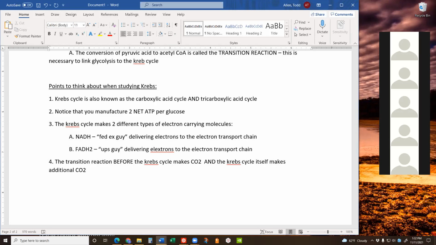Every cell of your body that's performing the chemistry of aerobic cellular respiration because you dared to eat a cheeseburger is making carbon dioxide during the transition reaction and the Krebs cycle chemistry. That CO2 eventually percolates into the bloodstream and you deliver it attached to hemoglobin to the lungs and you exhale it out of the body, all right? So that CO2 waste gets out of the body and you make it during the chemistry of aerobic cellular respiration.